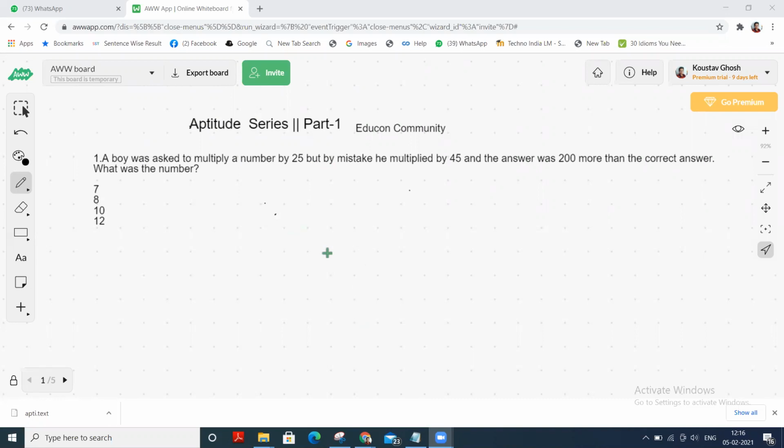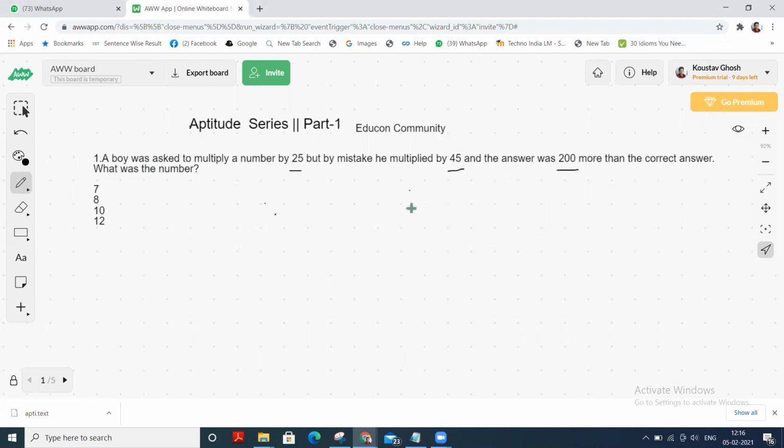So come to the first question: a boy was asked to multiply a number by 25, but by mistake he multiplied by 45, and the answer was 200 more than the correct answer.